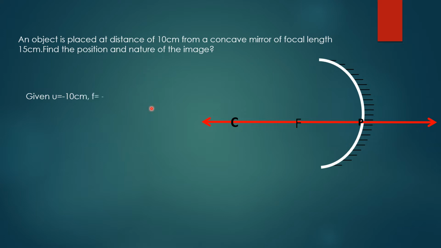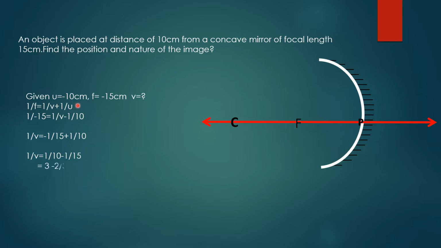All distances, whether for a concave mirror or convex mirror, are measured from the pole. You are measuring the distance in the direction opposite to the direction of the incident ray. So given u is equal to minus 10 centimeters.